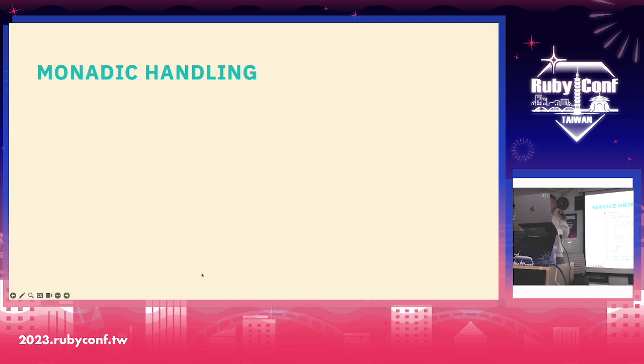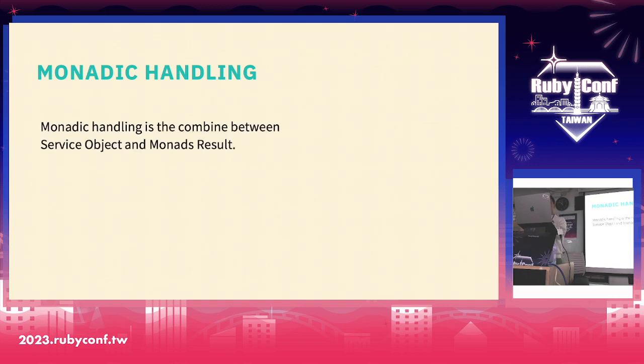So the monadic approach represents a powerful combination of the service object and the monad result in our application. It's a strategy to leverage the service object to perform the business logic, coupled with the clarity of the monad result to communicate the output.